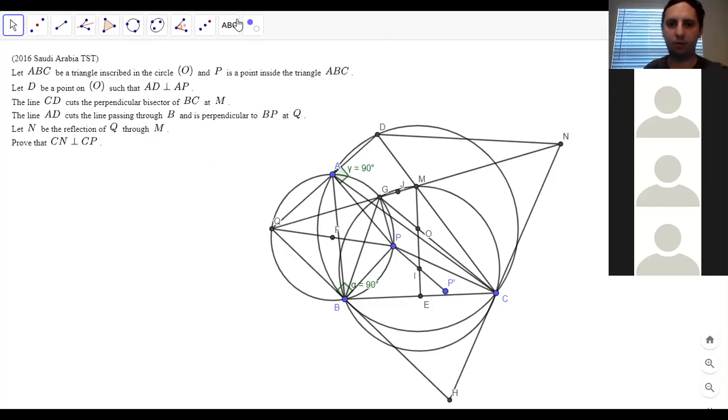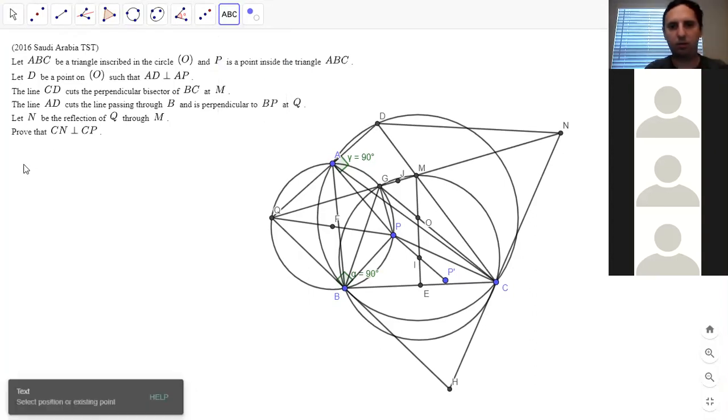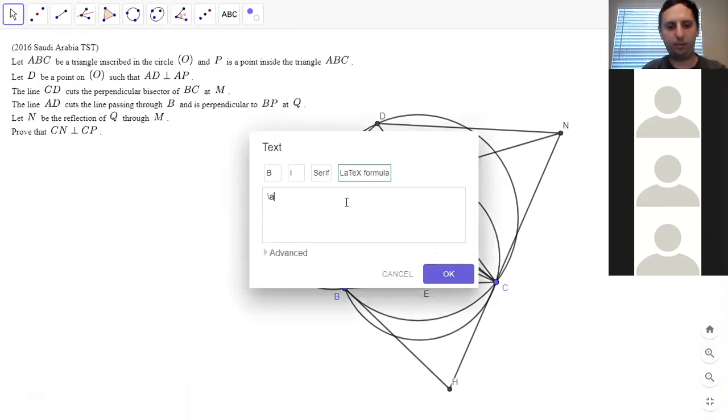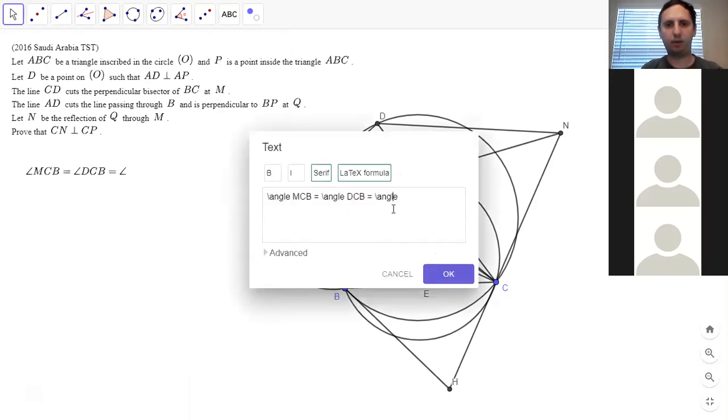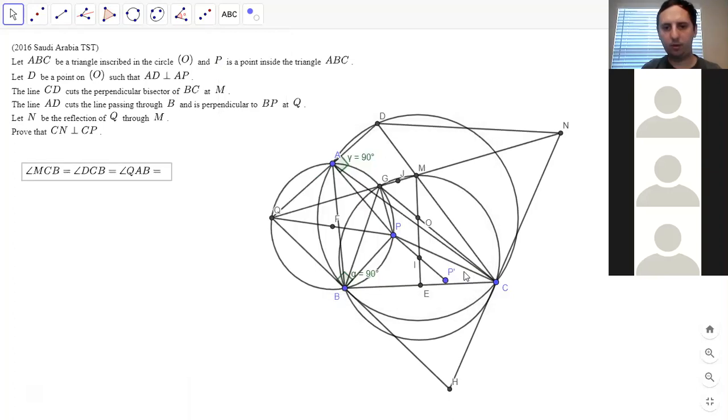Okay, so let me first start writing this up. So we have angle MCB equals angle DCB, which is equal to angle QAB, which is QPB. Is that the right angle we want?